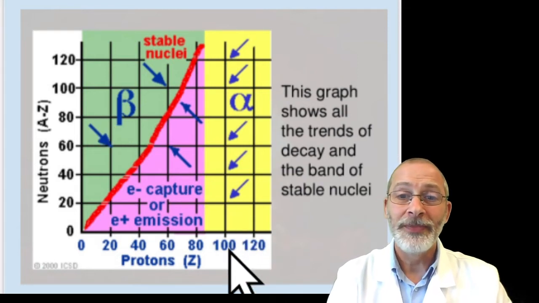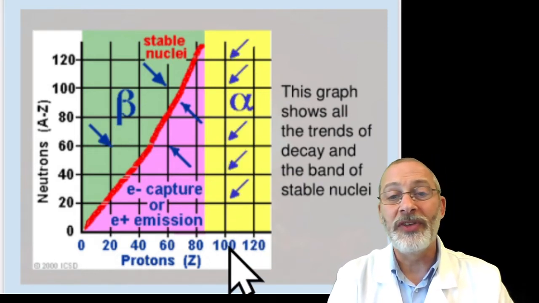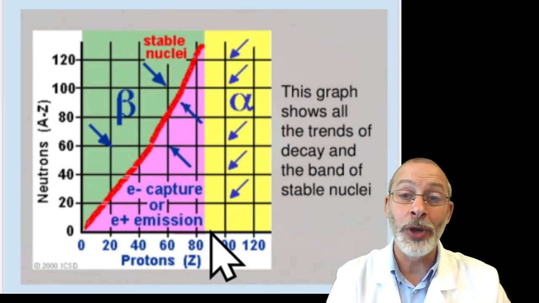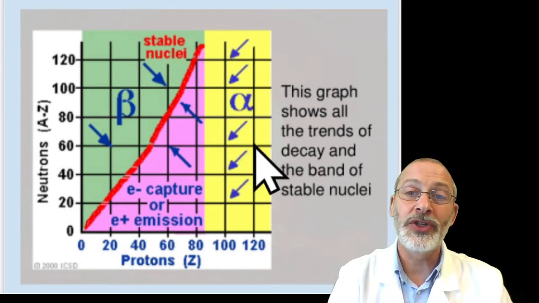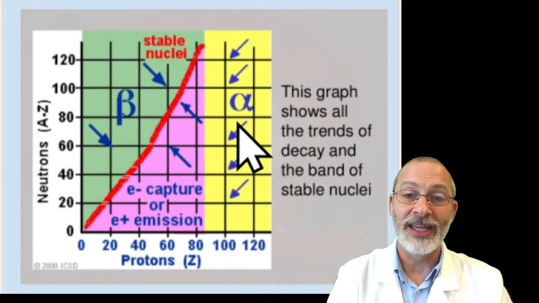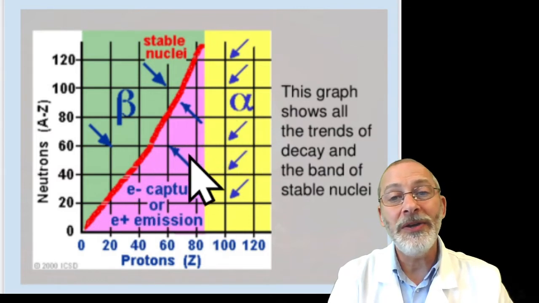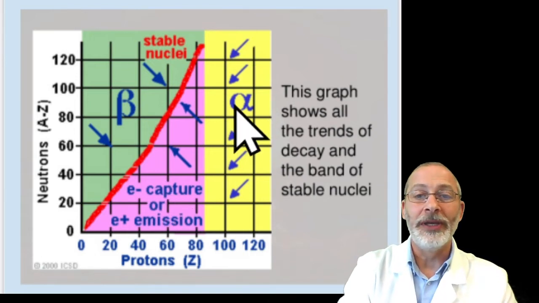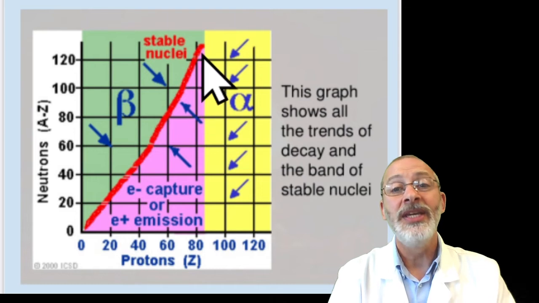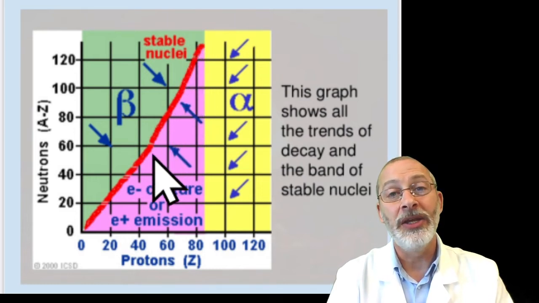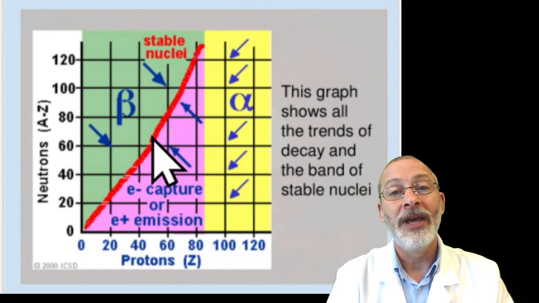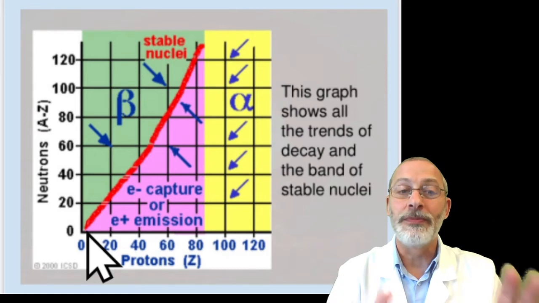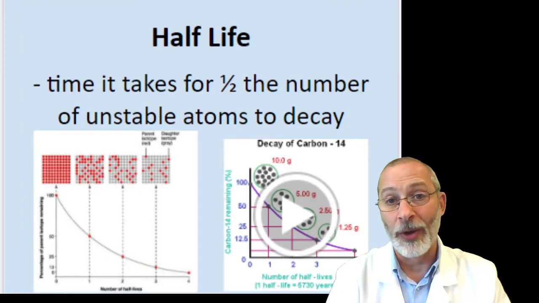Now over here in the yellow zone, when we've got elements with, say, more than 84 or so protons, this is when we start to experience alpha decay. This zone here is when we would experience the capture or the emission of electrons in order to sustain more nuclear stability along this red line. If that doesn't totally make sense to you, don't worry. Just memorize the chart and you'll be fine for our purposes.